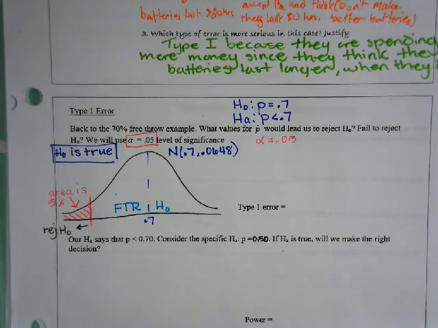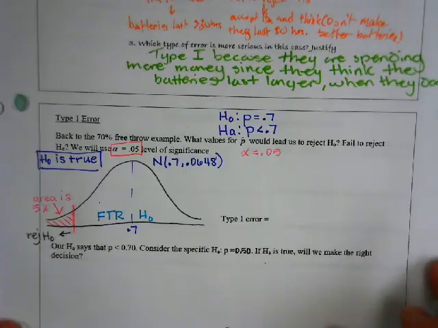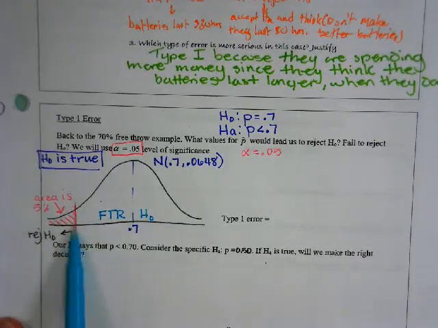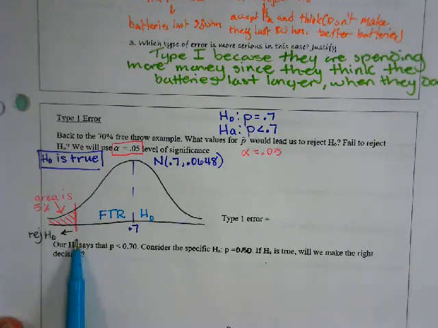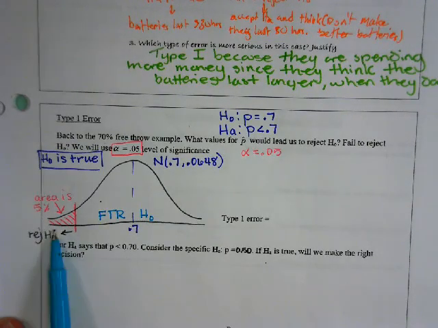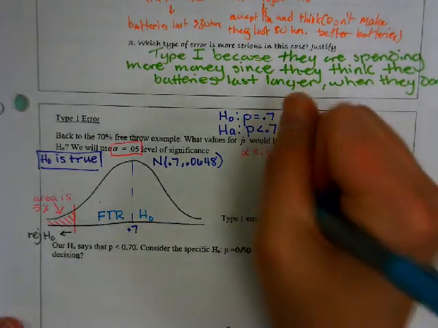All right, so how do we find this p hat right here at this line? What calculator function? If I know the area under the curve, I use inverse norm. And our area is 0.05.